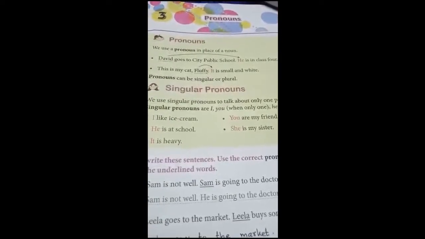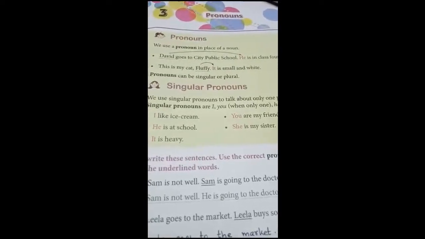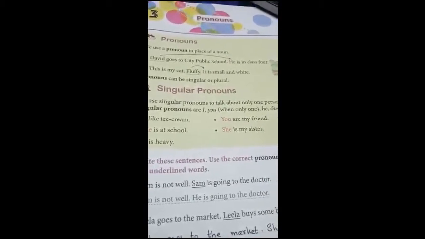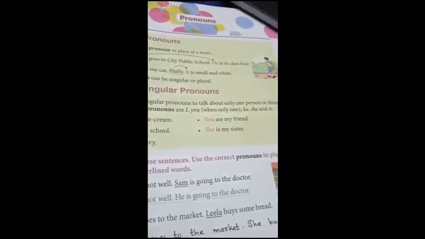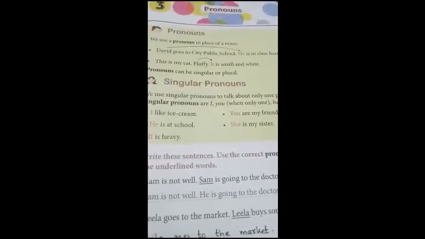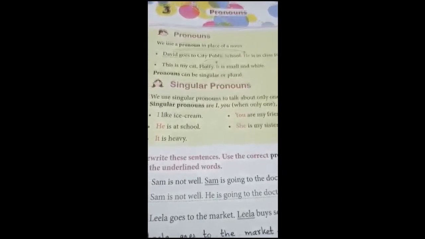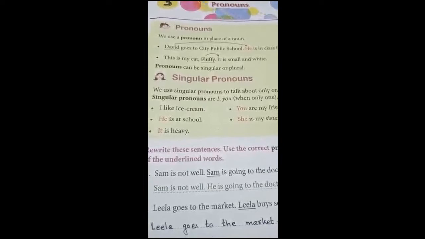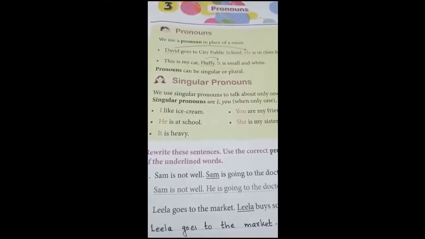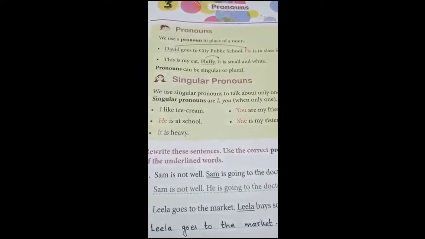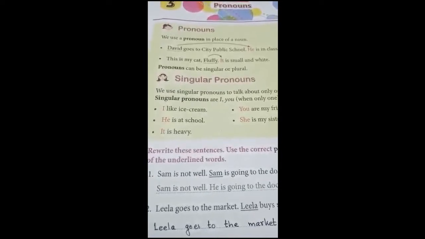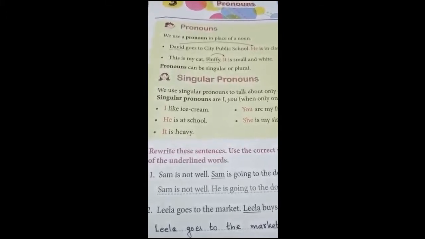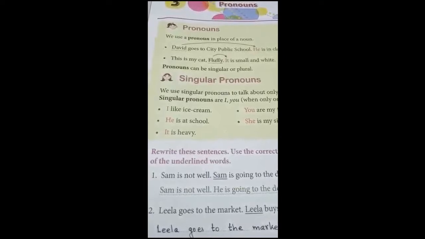So when we are talking about a single person or thing, we can use words like I, you, he, she and it. But as we know, you can be used both ways. You can be singular, you can be plural. But when we use it as a singular pronoun, you means only one. For example, I like ice cream. I is one person, that's why it is a singular pronoun.